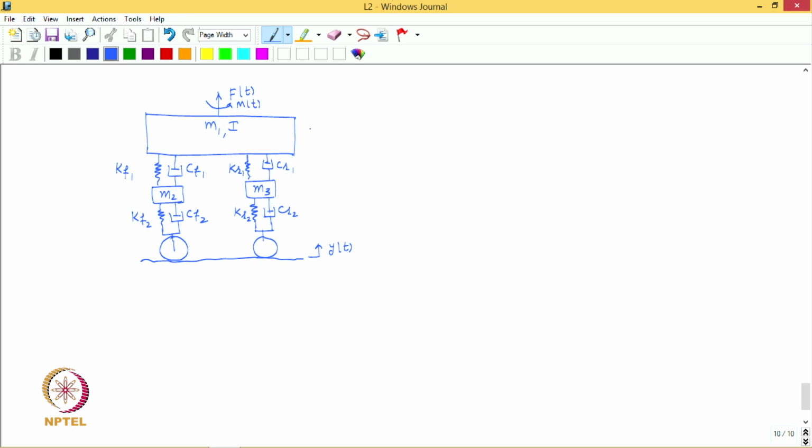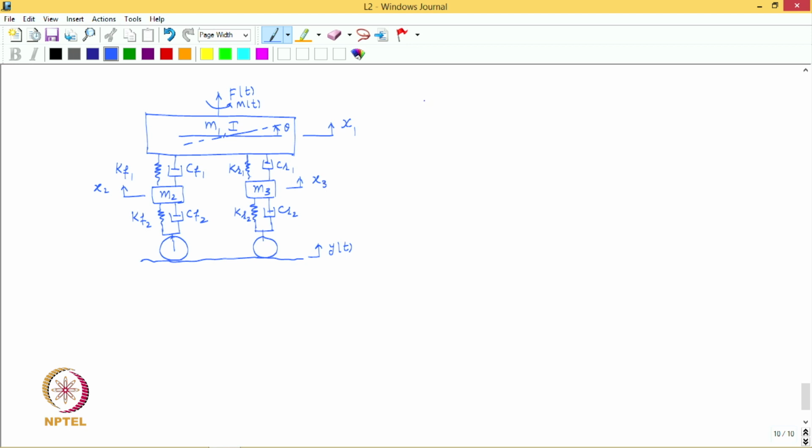Then we have now the vertical motion, the bouncing motion of the car, sorry, this is x1, and then we also have the pitching motion theta, right. So, that is another degree of freedom, and then we have the vertical motion of the front tire, which we can call x2, and the vertical motion of the rear tire x3.